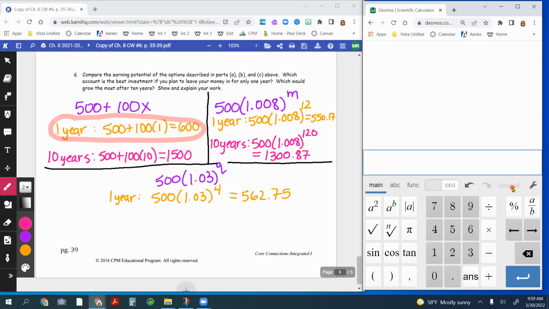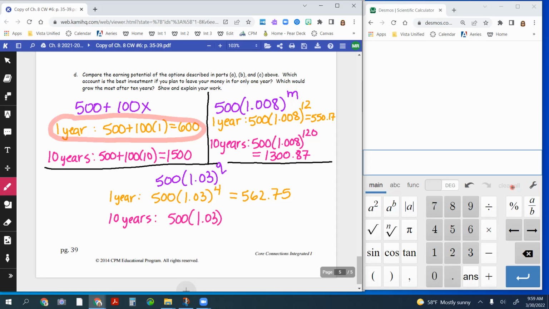And then the next one is going to be quarterly. So in this case, we're going to have 500 times 1.03 for 10 years, 4 times a year for 10 years.